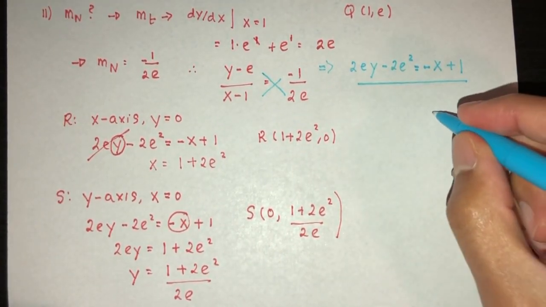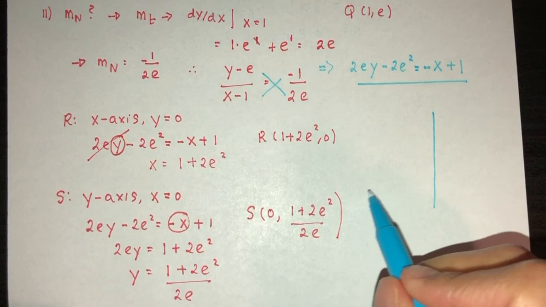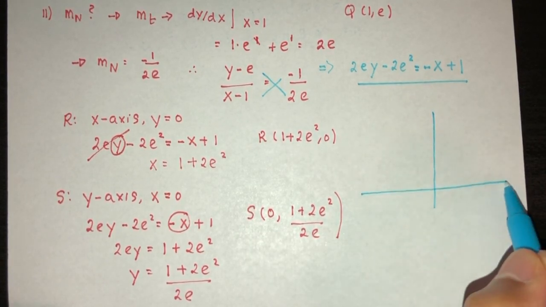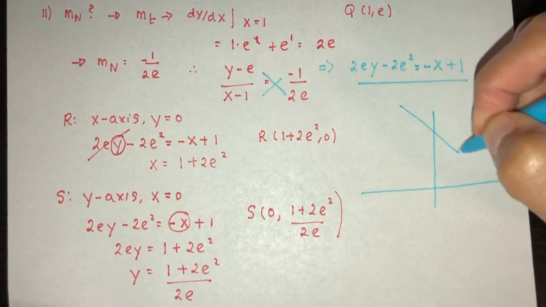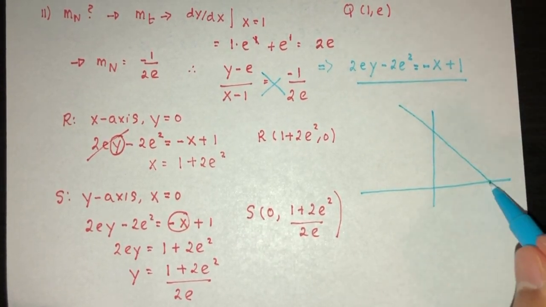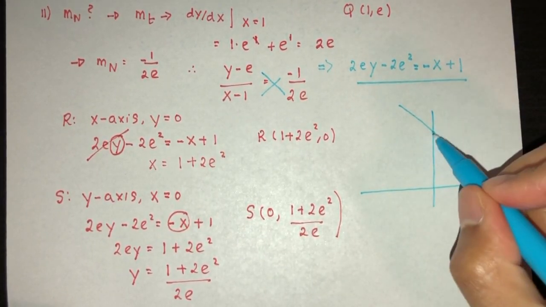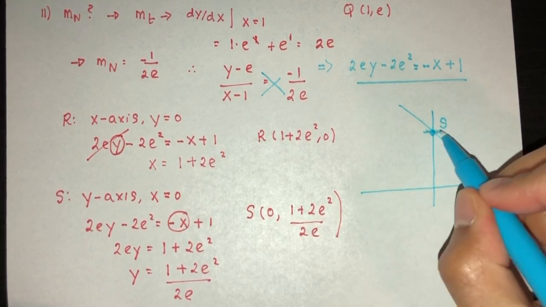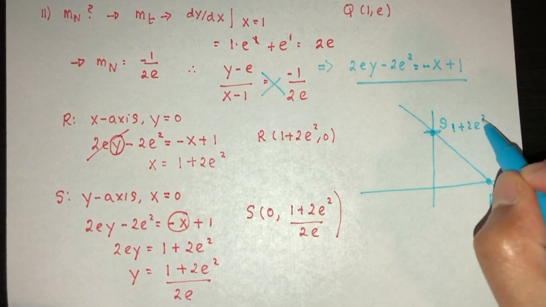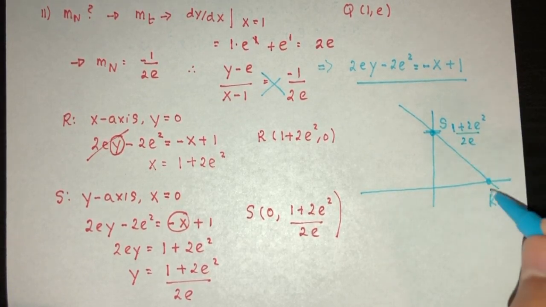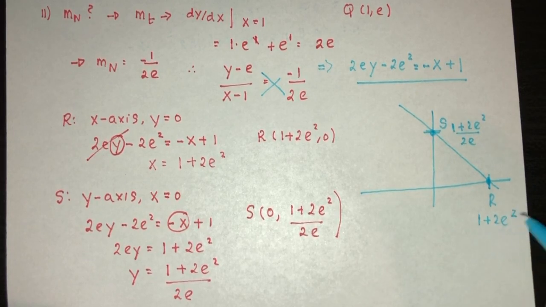If you observe, this is y. They seem to be positive values, so basically our normal will be in this direction. This is your point R, and this is the point S. This y value here is 1 plus 2e squared over 2e, and this x value here is 1 plus 2e squared.